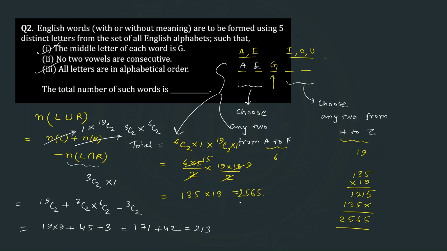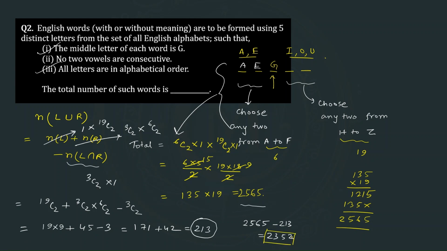Now we have to subtract this from these cases. So the actual number of words satisfying all three conditions is 2565 minus 213, that is 2352. So 2352 is the correct answer for this problem.